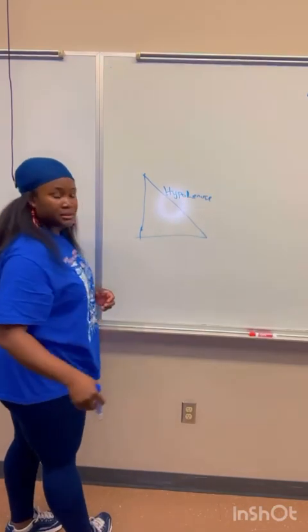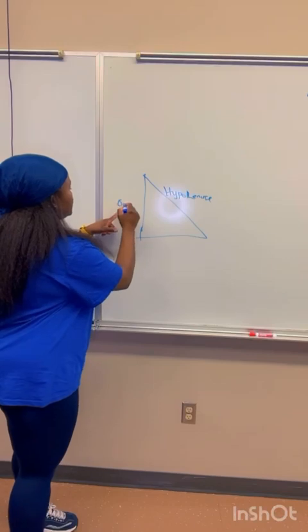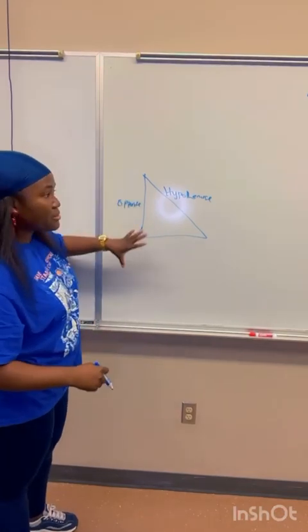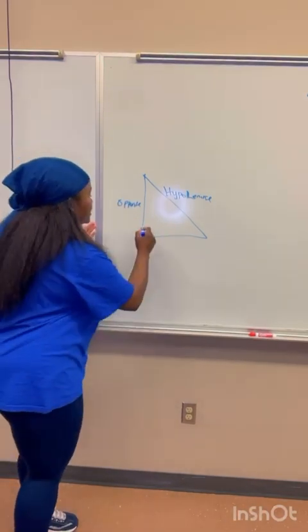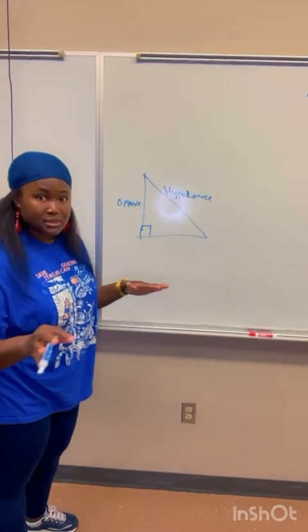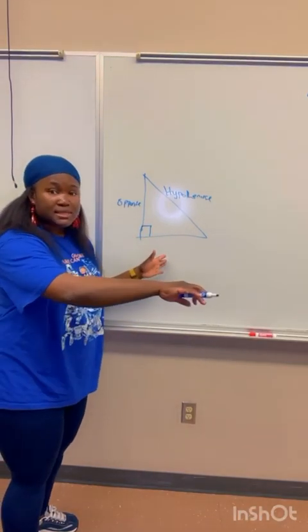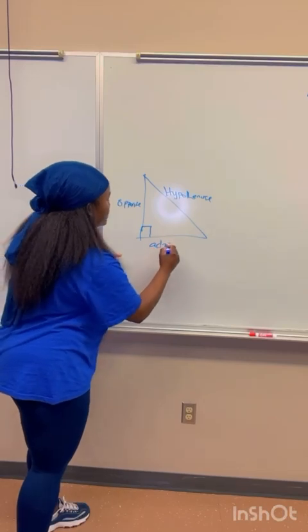And opposite of the hypotenuse is called the opposite, this side. So we have a right triangle, and this part that forms an L shape is always 90 degrees, always, okay? And the other leg, the horizontal side, is called the adjacent of the hypotenuse.